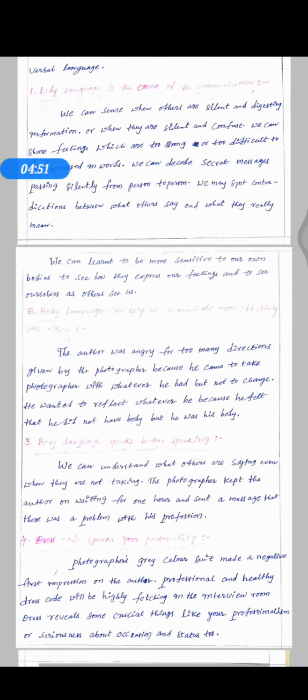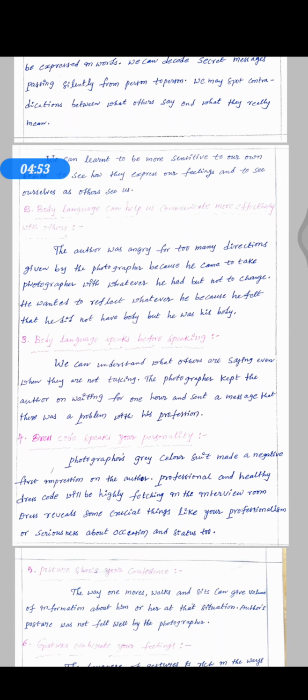And the next one, the second function: becoming sensitive to the clues of body language can help us communicate more effectively with others.